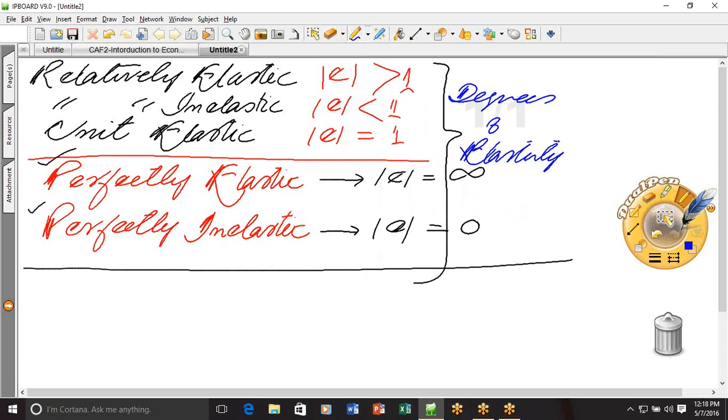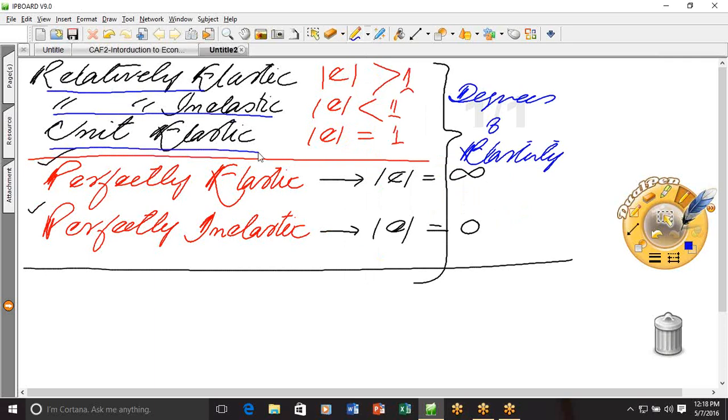So how will these elasticities be used in real life and how can we explain and elaborate all these kinds of elasticities? What is in fact behind the scenes on the basis of which we are declaring relatively elastic, inelastic and so on?